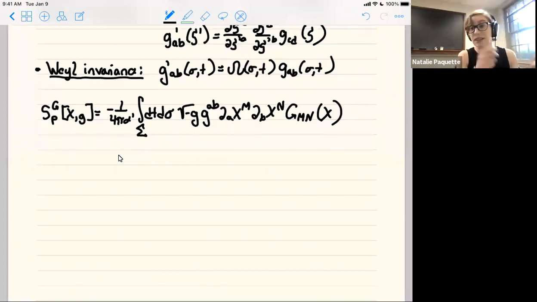And it's a good exercise to just do that, write the scalars as some constant point plus some fluctuations, and expand everything out.